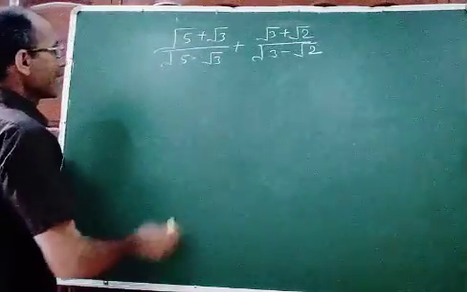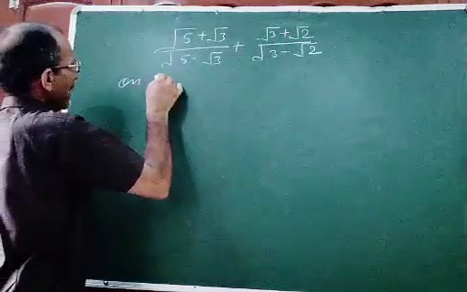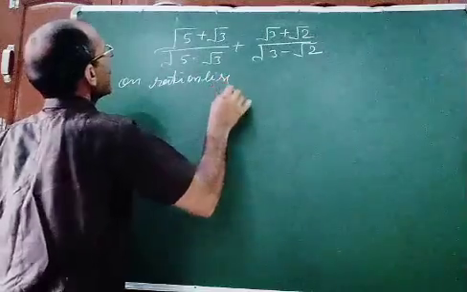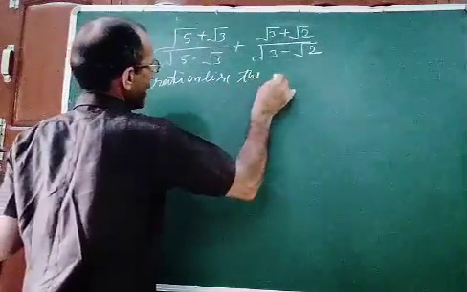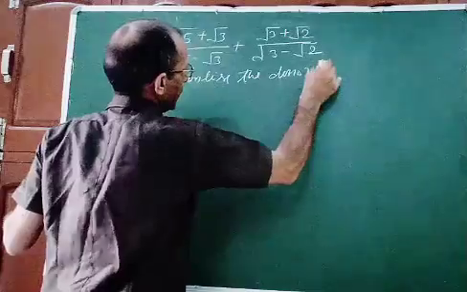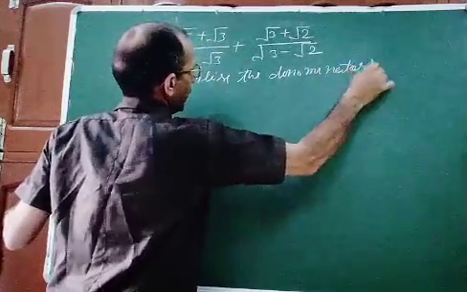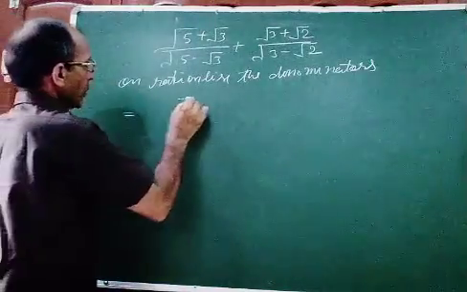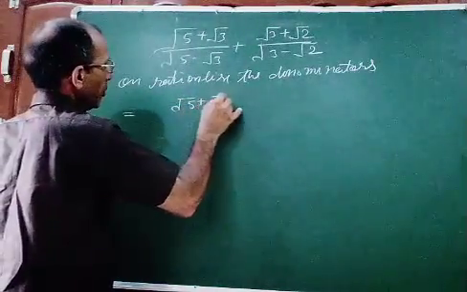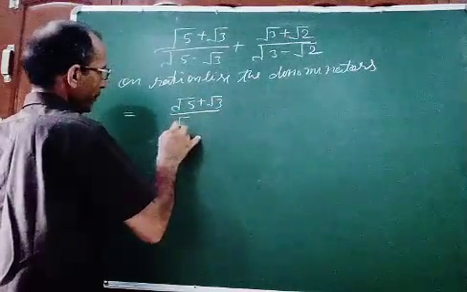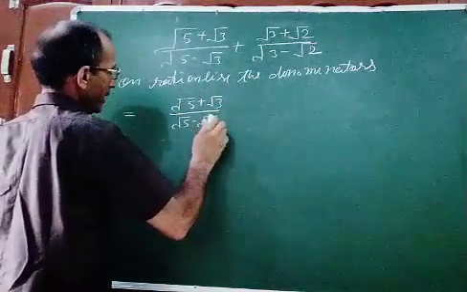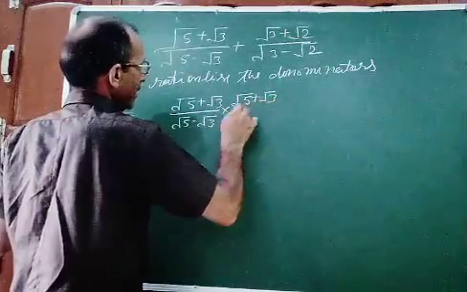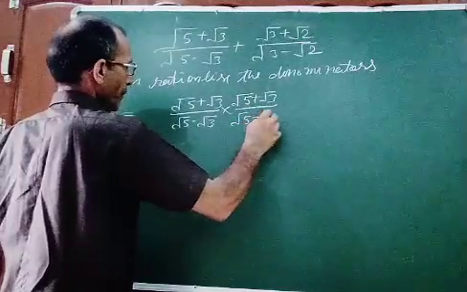So on rationalizing the denominators, (root 5 plus root 3) by (root 5 minus root 3), multiply and divide by (root 5 plus root 3).